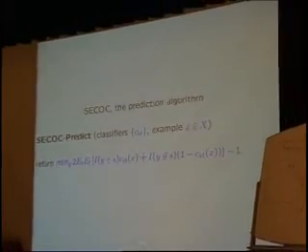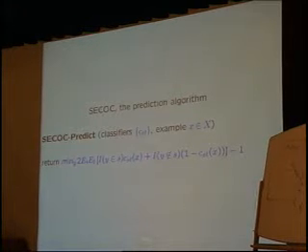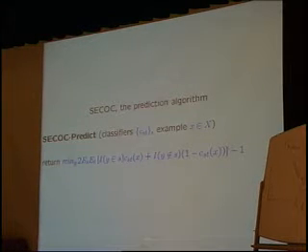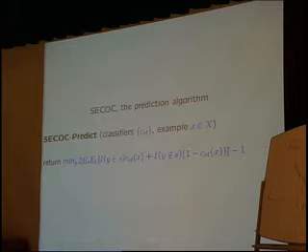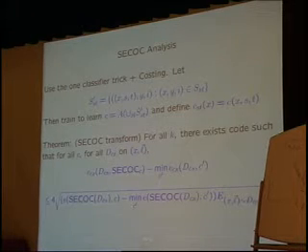Okay, so that's some sort of prediction algorithm. The question is, does it work? And the answer is, yeah, we can prove a nice theorem that says that this should work. So once again, we use this one classifier trick.